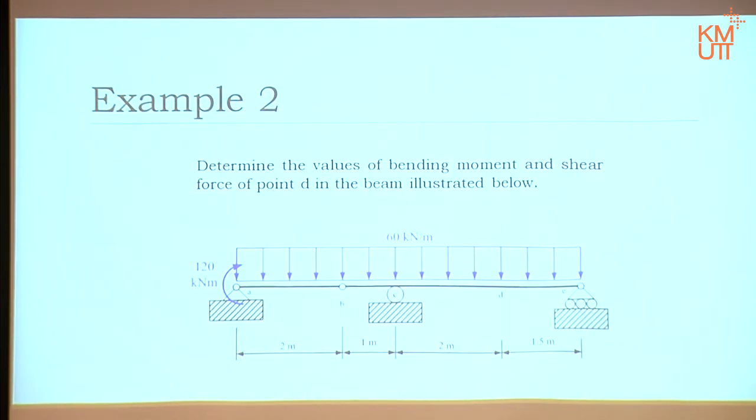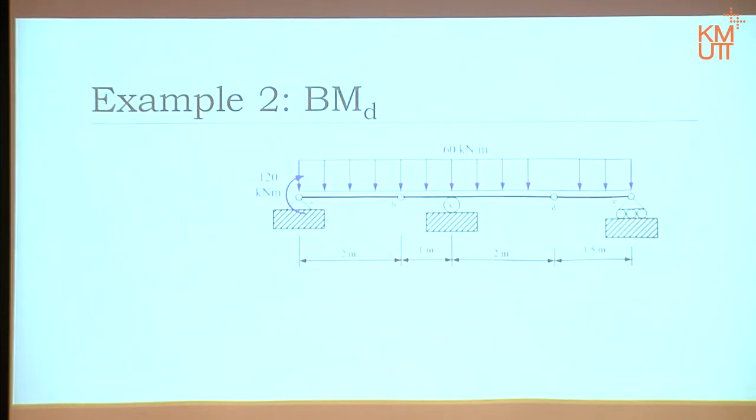Let's do bending moment first. Okay, release the constraint, make that again a pin joint. Apply the bending moment back in, and then start moving it. To move it, I move it this way. Notice that all support conditions are satisfied.